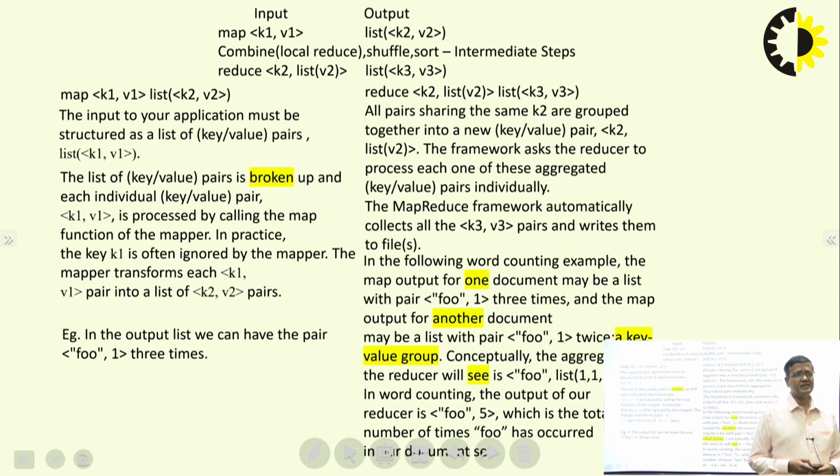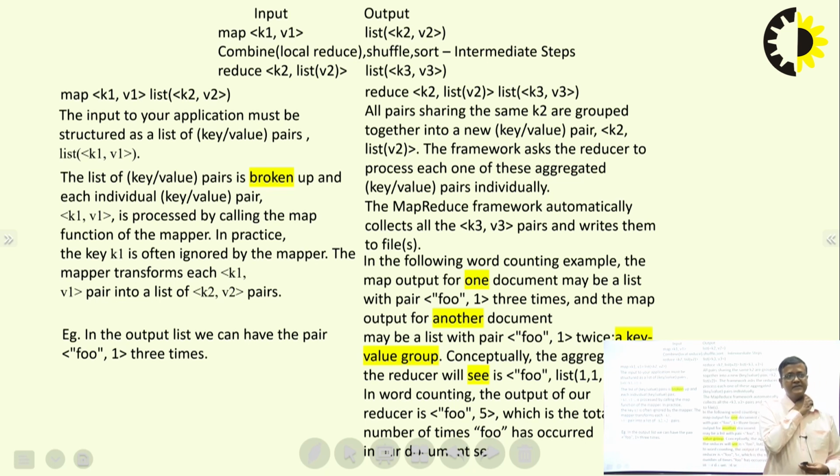In practice, the key K1 is often ignored by the mapper. The mapper transforms each K1 V1 pair into a list of K2 V2 pairs. For example, in the output list, we can have a pair foo,1 three times from three different documents.